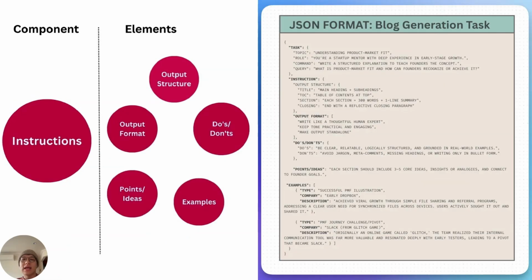And we move to the next part, called instruction. Define what you want in the output. For example, do's and don'ts set the boundary for what to include or avoid. It's essential to define a clear output schema and constraints to ensure smooth data handling. For output structure, this is where you define the flow of the content.